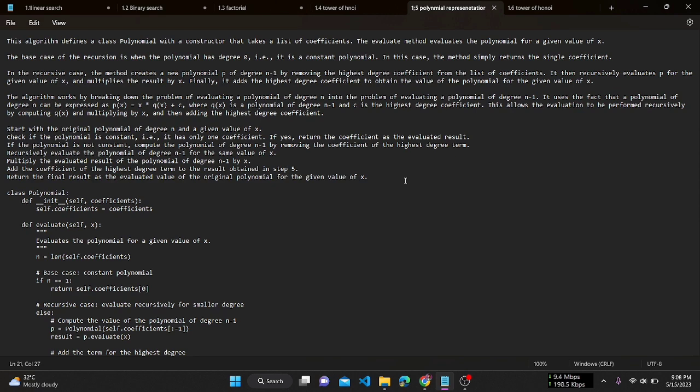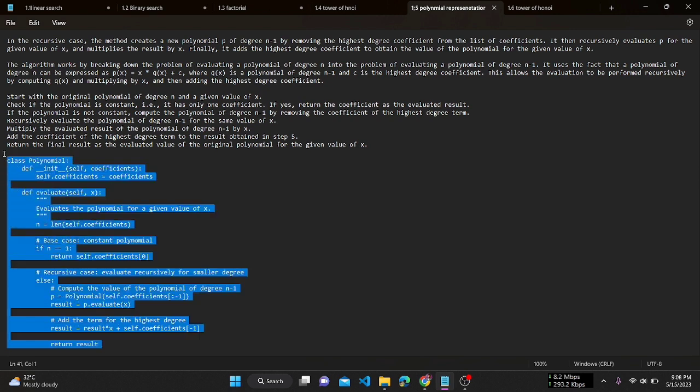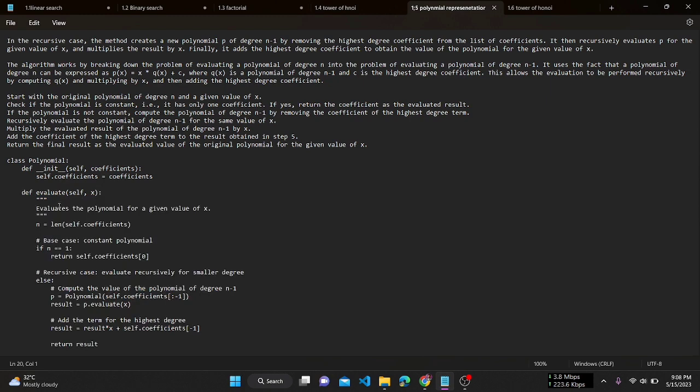Recursively evaluate the polynomial of degree n minus 1 for the same value of x. Multiply the evaluated result by x. Add the coefficient of the highest degree term to the result obtained in the previous step. Return the final result as the evaluated value of the original polynomial for the given value of x.